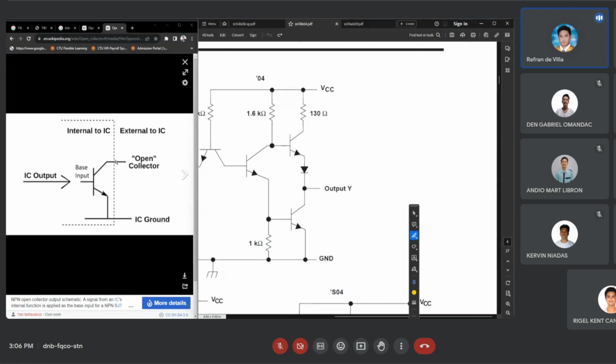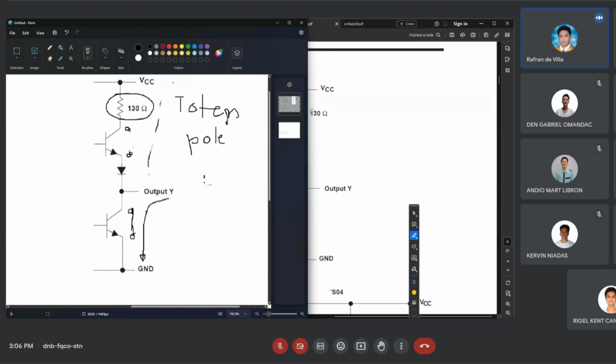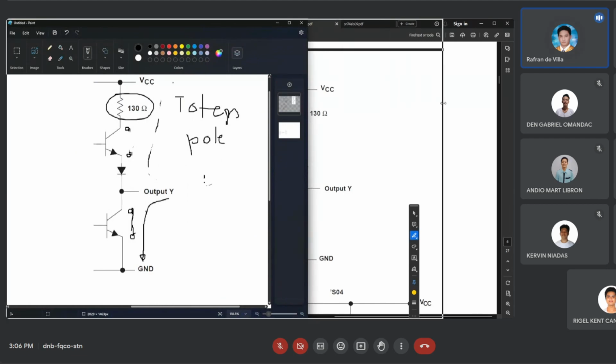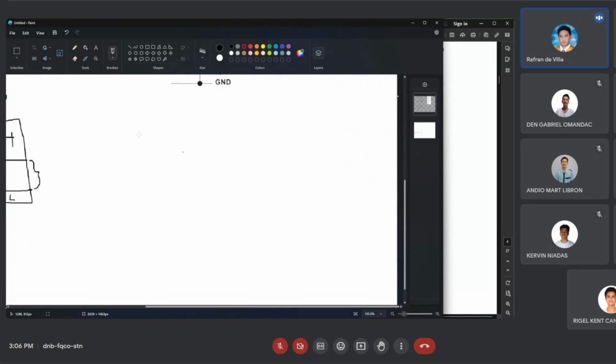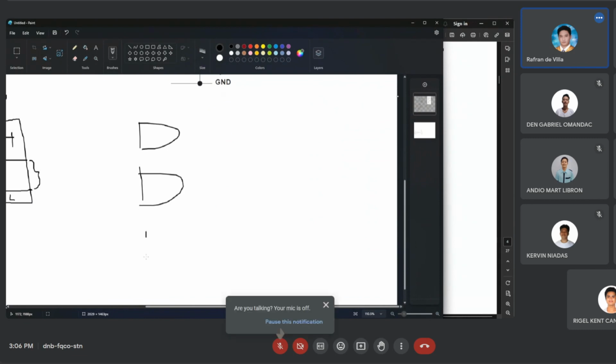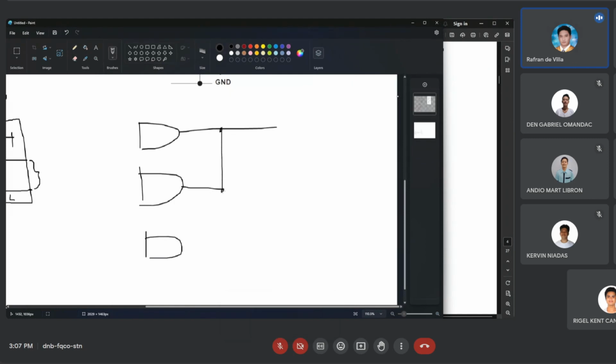So you might be thinking, what, it has no output voltage? There are cases, guys, where using an open collector can actually help simplify designs. For instance, with AND gates like this. You know AND gates, right? Using the 7408, this kind of configuration is not possible.